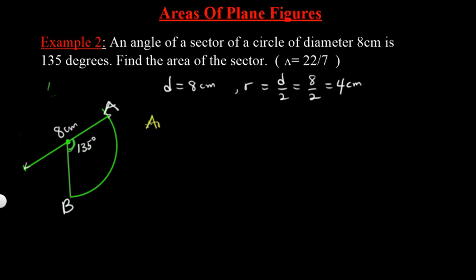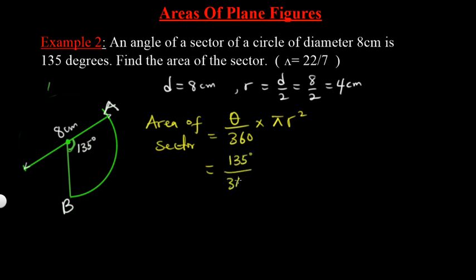Recall the formula says the area of sector equals theta divided by 360 multiplied by area of circle, which is pi r squared. So we already know our theta to be 135. That gives us 135 degrees divided by 360 degrees multiplied by pi, which is given to us here as 22/7, multiplied by the square of radius.